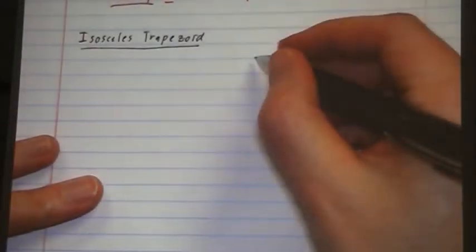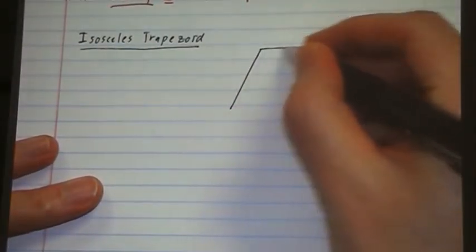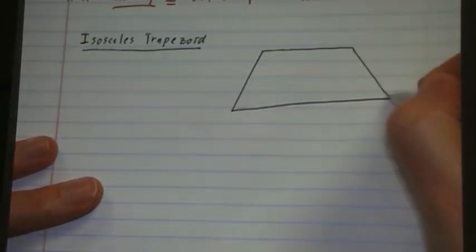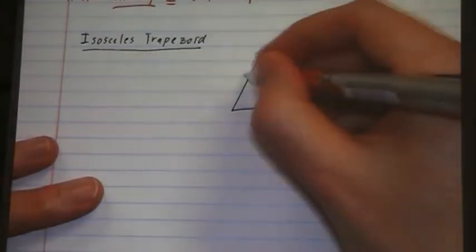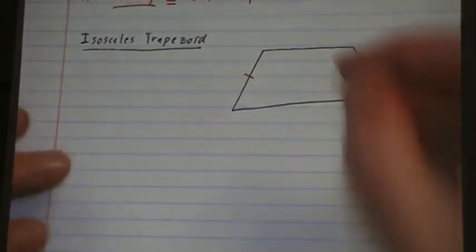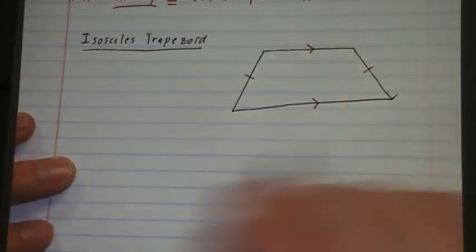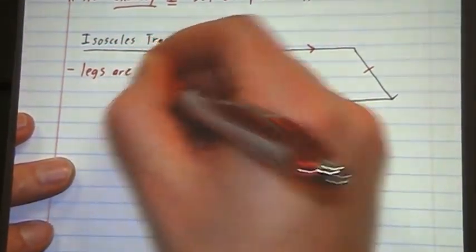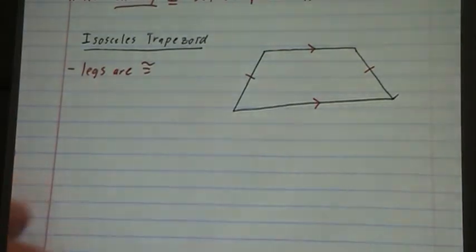So with the isosceles trapezoid, I'll draw a picture of it. A big one. The key thing is two legs are congruent. And we've still got these guys parallel.